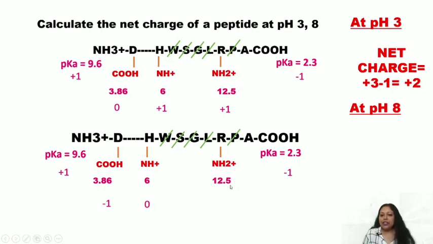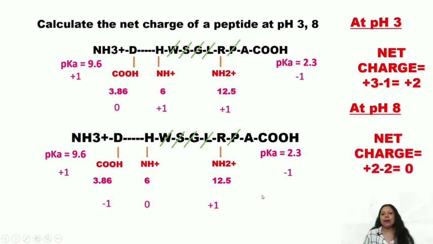Now 12.5 is much higher than 8, which means it will hold its proton, and an amino group holding its proton gives +1 charge. So the net charge at pH 8 of this peptide is equal to +2 minus 2 plus 0 is equal to 0. So isn't it easy?